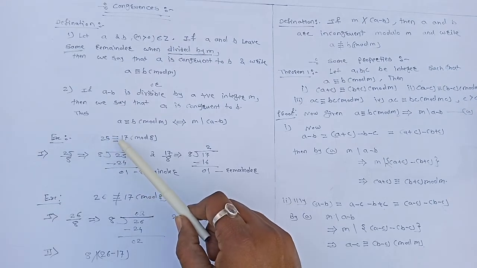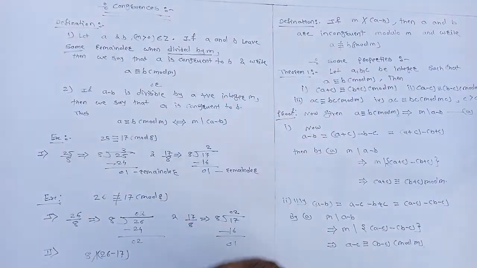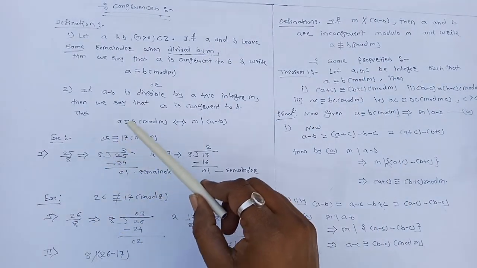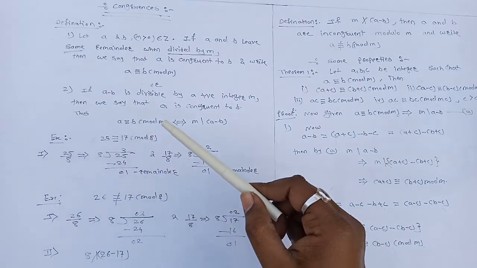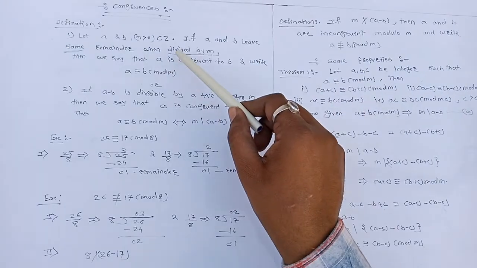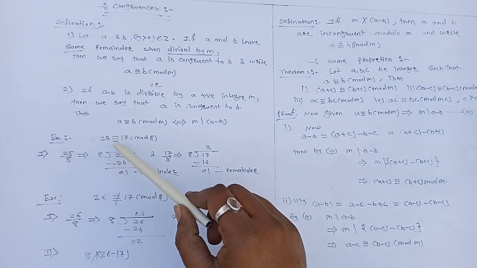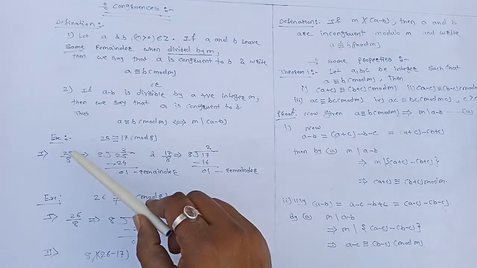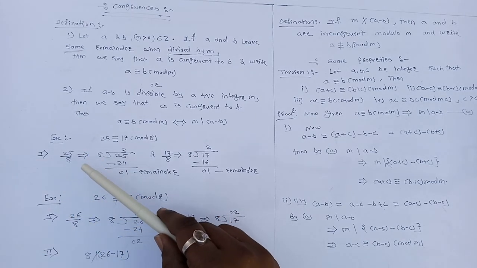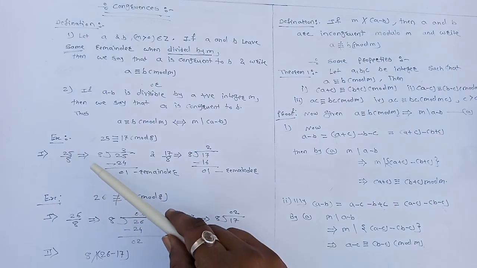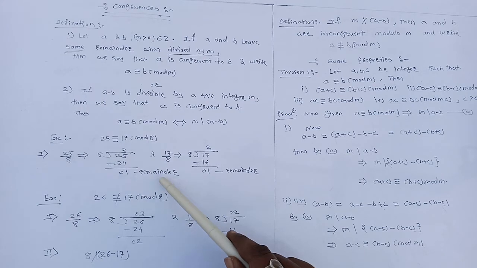Now see example number one on this definition. 25 is congruent to 17 mod 8. Now by the first definition, if A is congruent to B mod M, that means A and B leave the same remainder when divided by M. Now in this example, if 8 divides 25, then its remainder is 1.